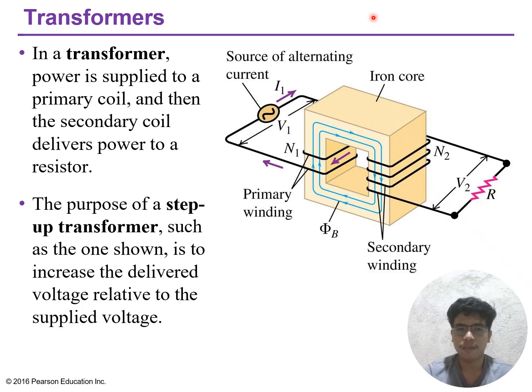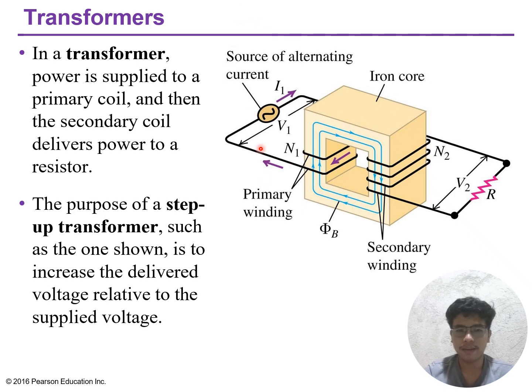The purpose of a step-up transformer, as shown, is to increase the voltage, when the output voltage V2 exceeds the input voltage V1, while the current decreases proportionally to conserve power.